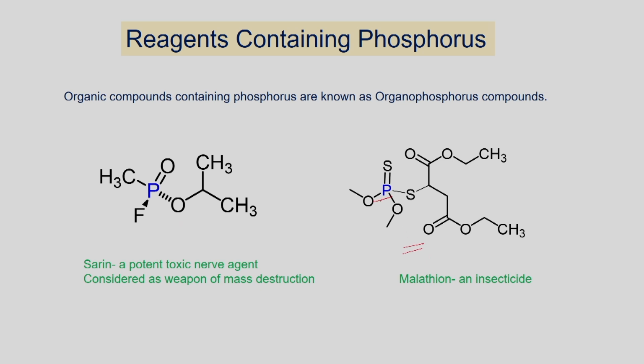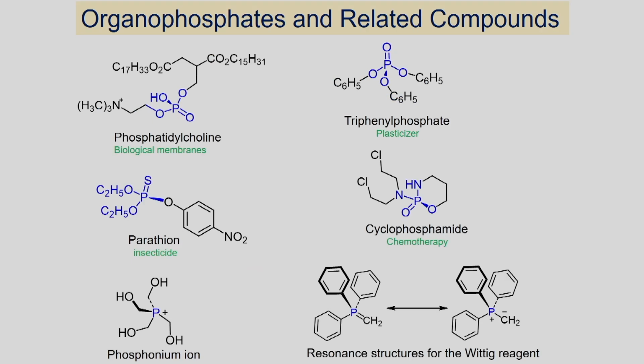Now let us look at this compound. This also has a phosphorus atom which is bonded with sulfur as well as oxygen. This compound is known as malathion, which we use as an insecticide in the agriculture field. In addition to that, we also use this compound to kill mosquitoes. Here some more examples are shown.